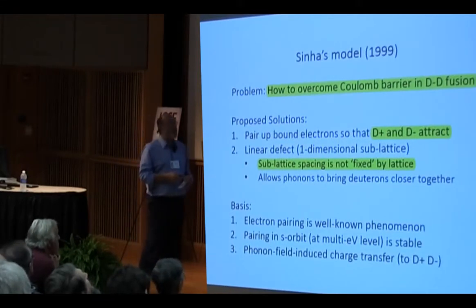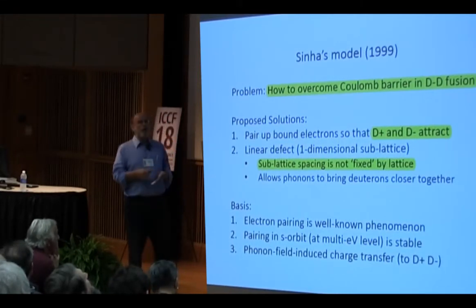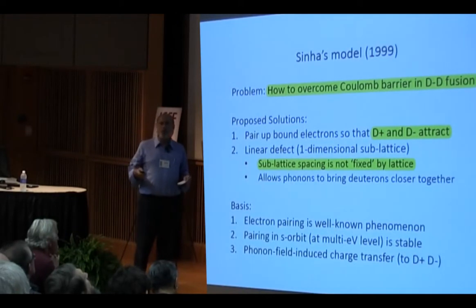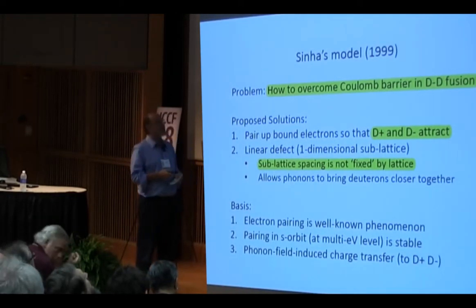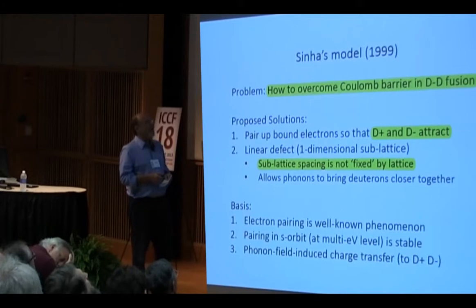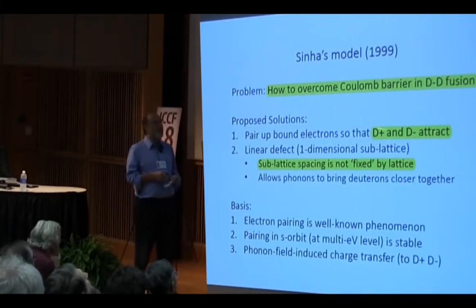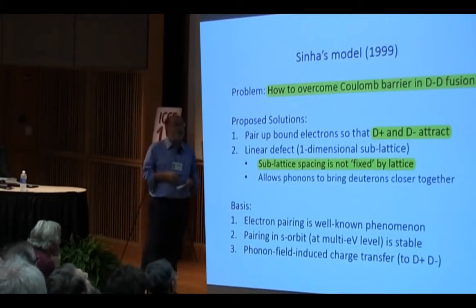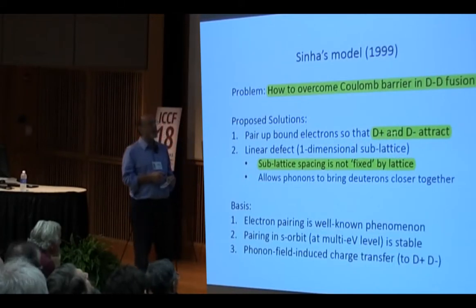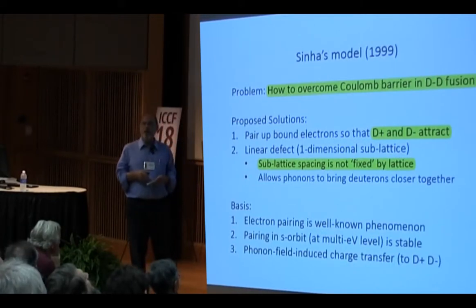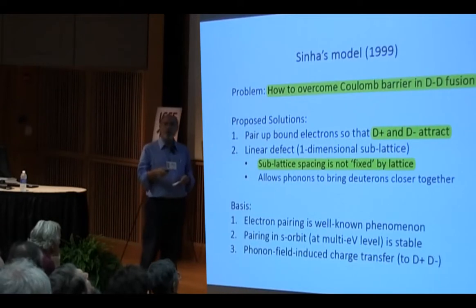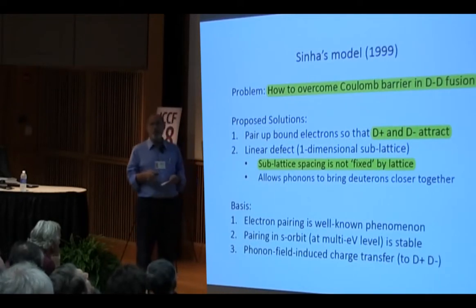Okay, so Sinha in 1999 was looking at, first thing you have to do is overcome the Coulomb barrier. So how do you do that? He came up with the concept out of semiconductor and solid state physics that in a distribution, you know you're going to have D plus and D minus. If you're having an electron taken from someplace, it's likely to come from the closest place.